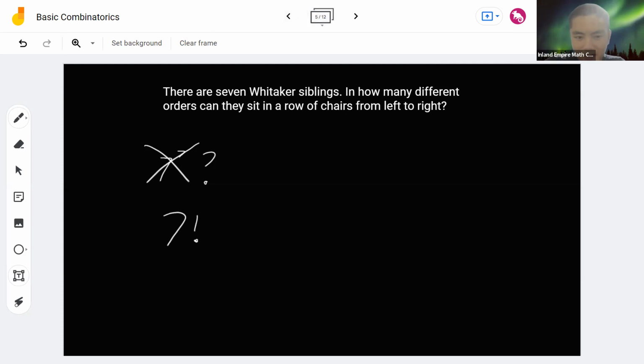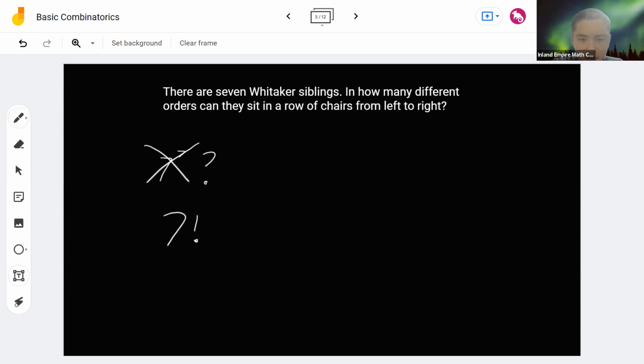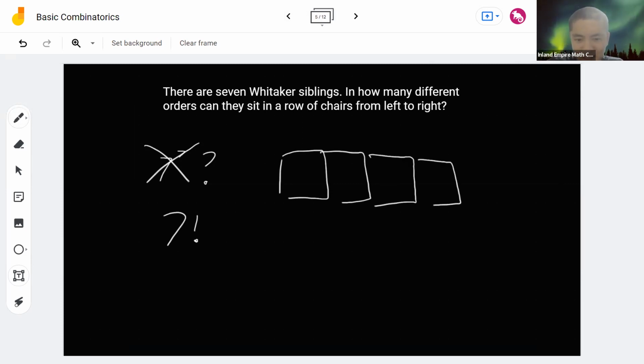Right. Why don't we draw the row of squares again, Jonathan? So in this problem, you can once again think of it as filling stuff inside slots. In this case, you have 7 chairs, so you have 7 boxes to fill in.